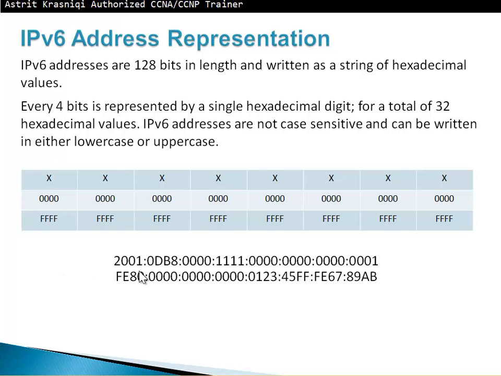For example, these are two IPv6 addresses, one global and one link local. This number 2 here is not actually a 2, it's representing binary, 4 bits. So this 2 is actually 0010, and this 0 is representing 4 bits of zeros, and this 1 is representing 1 in binary, so 0001.